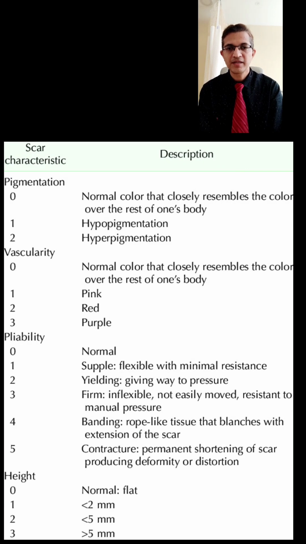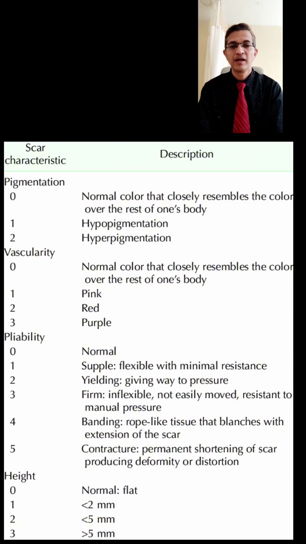So the Vancouver scar scale is the scale the doctor uses to check the size of the scar and the color of the scar, and gives points. This is also used post procedure, like post treatment, to see how the scar is responding, whether it is decreasing or increasing. So this helps in giving a general idea of how the scar is responding to the treatment.